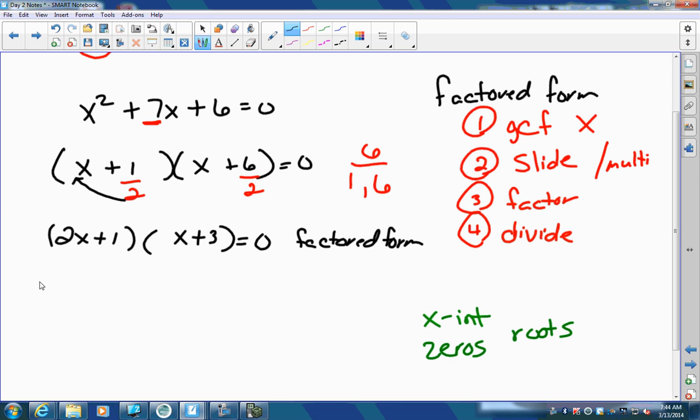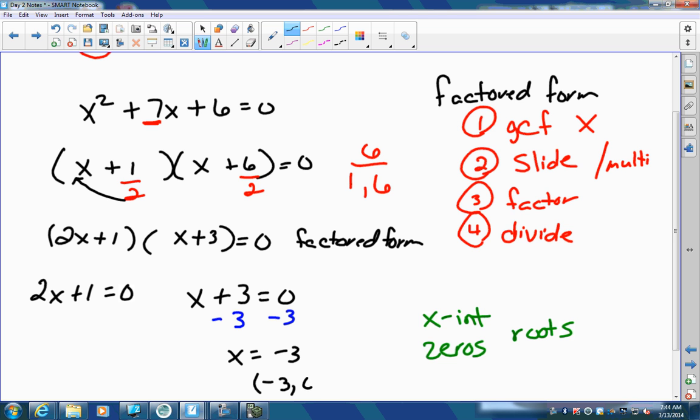So you go 2x plus 1 equals 0, x plus 3 equals 0. If I do the x plus 3, that one's easiest because I just subtract 3 from each side, right? And I get x equals negative 3. So it crosses at negative 3, 0.